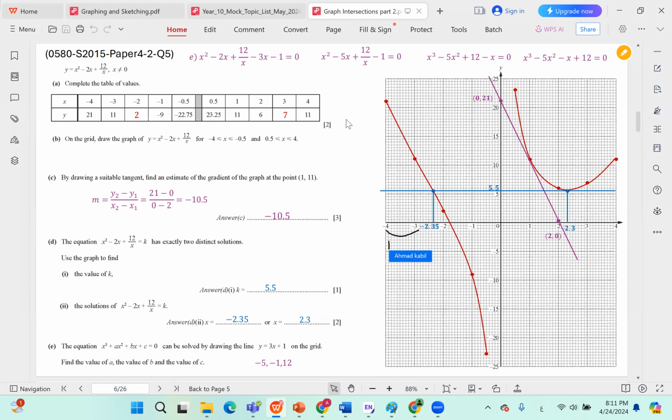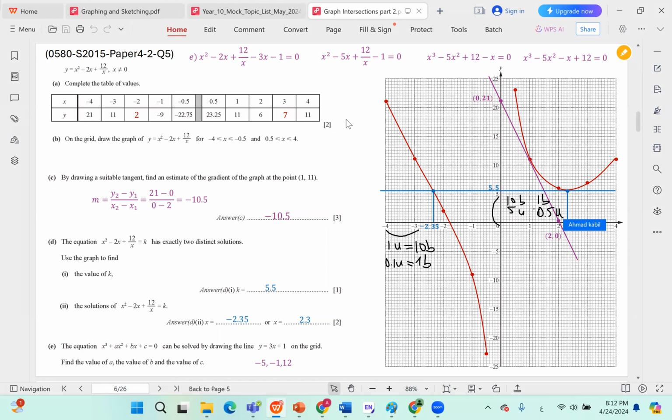So 1 unit here equals 10 boxes. So 1 box equals 0.1 units. This is the scale here on the x. And on the y, you have 10 boxes for 5 units. So 1 box is equal to 0.5 units.